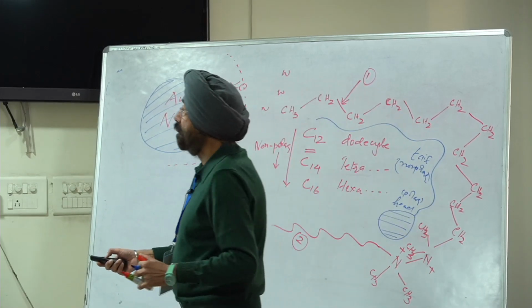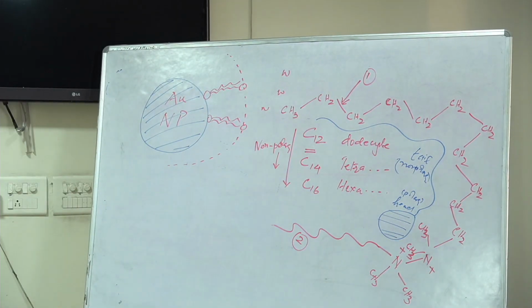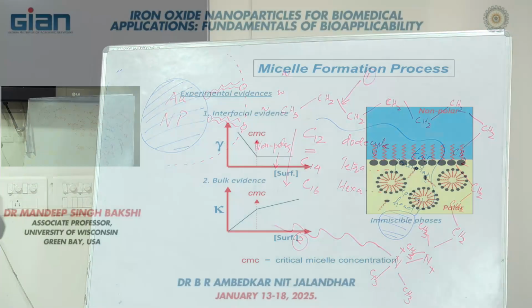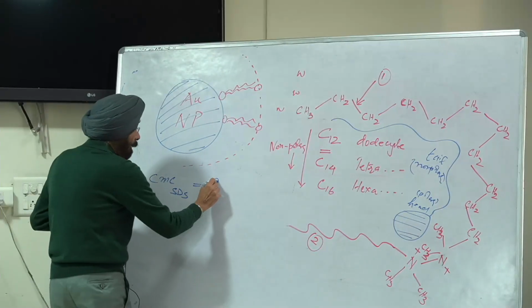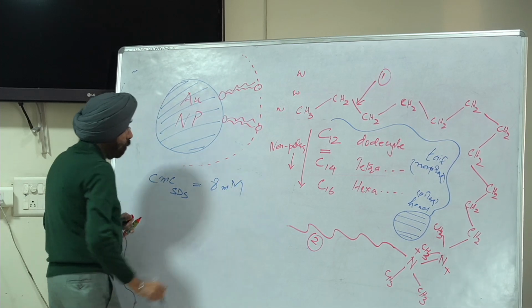What is that concentration? As you see in the conductivity experiment, this is the concentration we call the critical micelle concentration, where micelles are produced. The CMC of sodium dodecyl sulfate, SDS, is 8 millimolar.